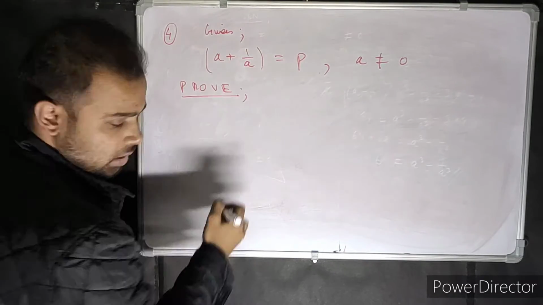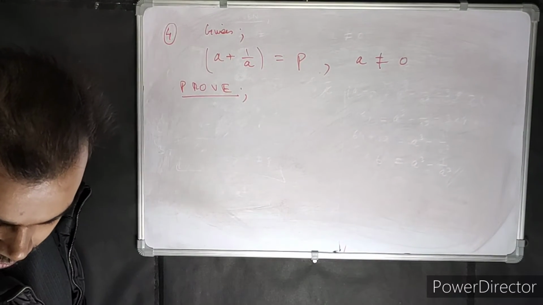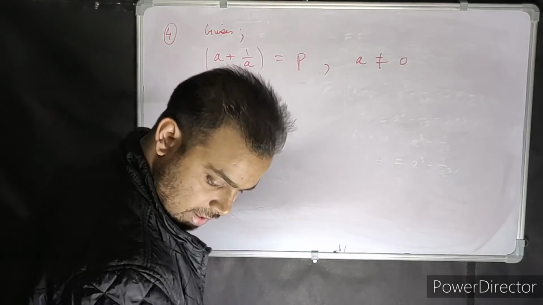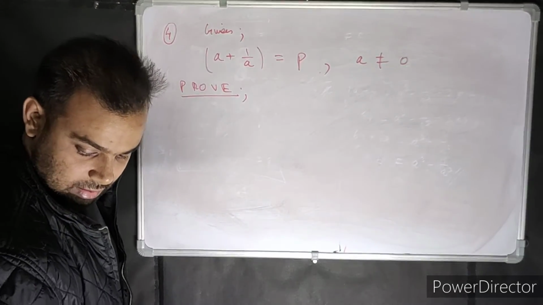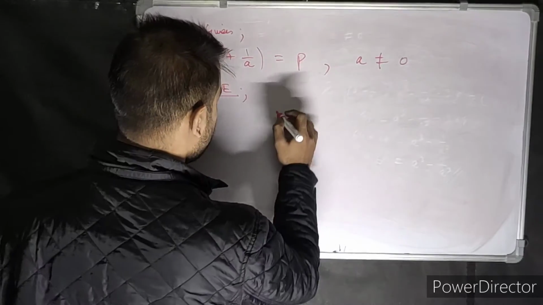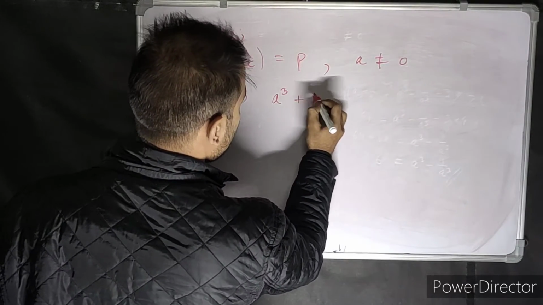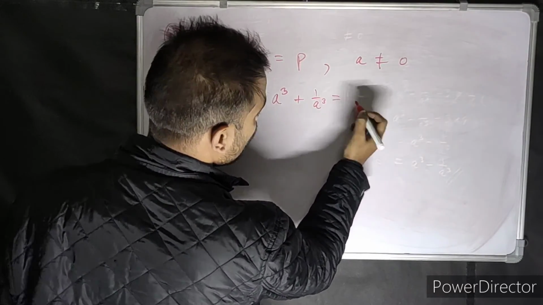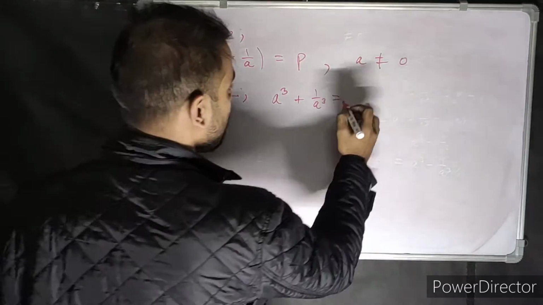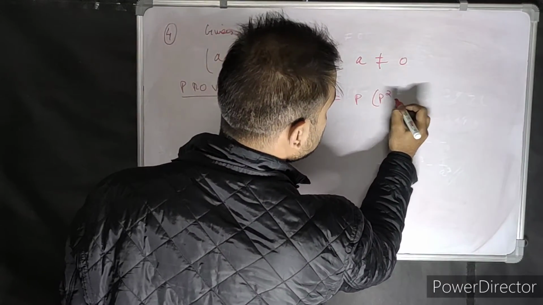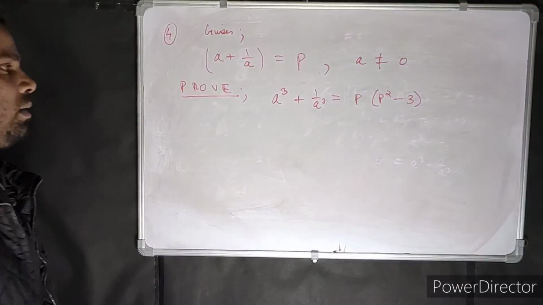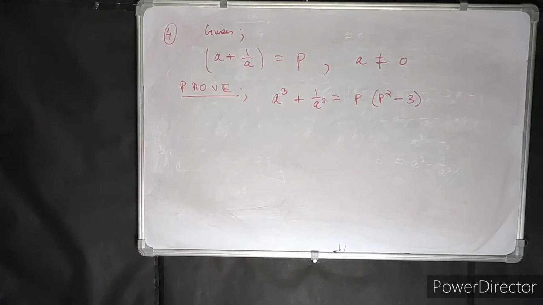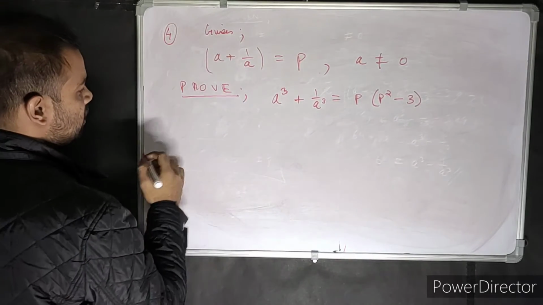I know many of you don't like proofs. Don't worry about it. From now on, you will not say that you don't like it. Prove that a cube plus 1 by a cube is equal to p square minus 3. Look at it. You have to prove this. So let's start. That's given to you.